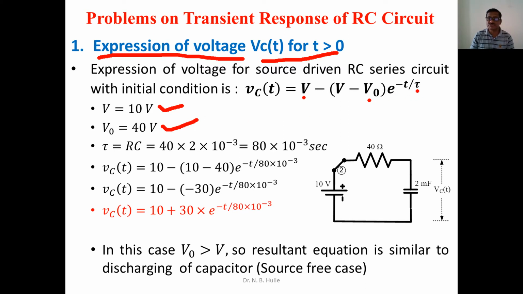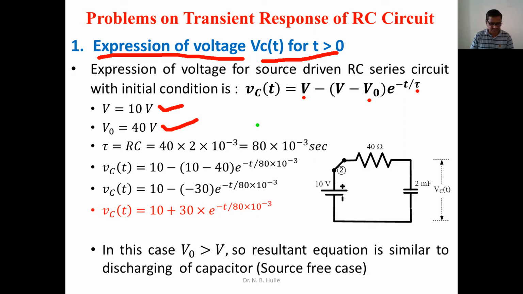In this expression we will find this tau. Tau is nothing but RC, where R is 40 and C is 2 millifarad, that is 2 into 10 raised to the power of minus 3, which is equal to 80 into 10 raised to the power of minus 3 second, the time constant.